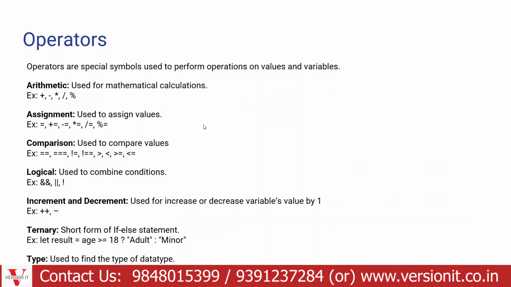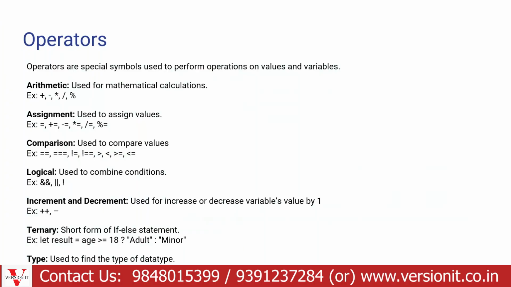The first one is the arithmetic operator. The arithmetic operator is mainly used for all types of calculations. Any type of calculation can be performed using arithmetic operators. Mostly we perform addition, subtraction, division, multiplication, modulus.